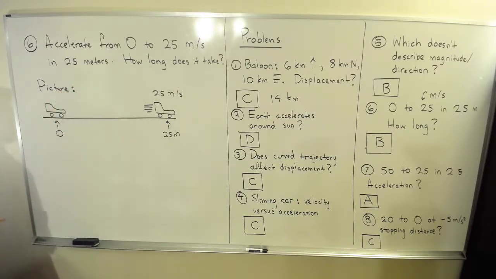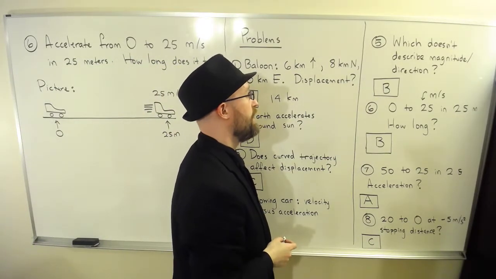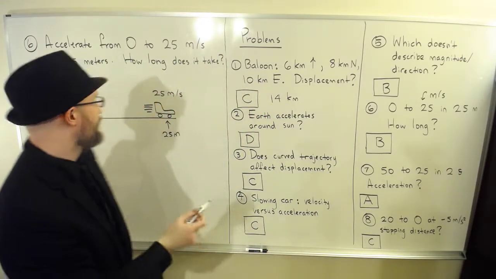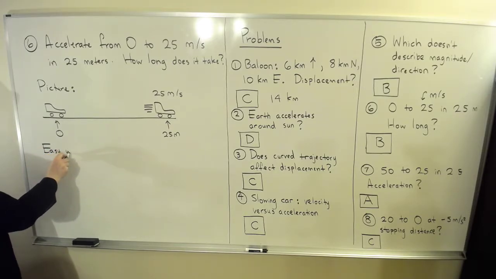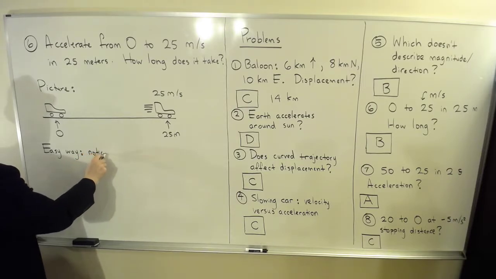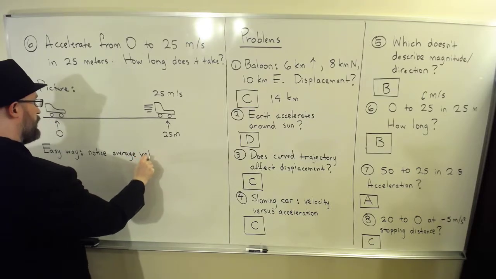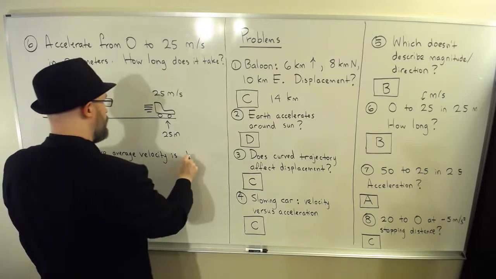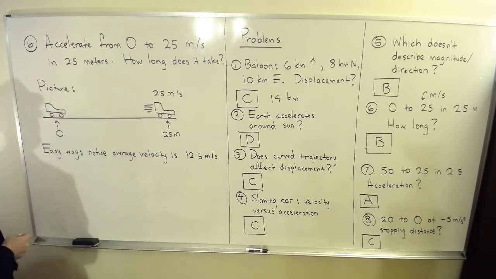Now you could use equations to solve this. It's actually better to sort of cheat. And so the easy way to solve this is to notice that the average velocity is 12.5 meters per second.